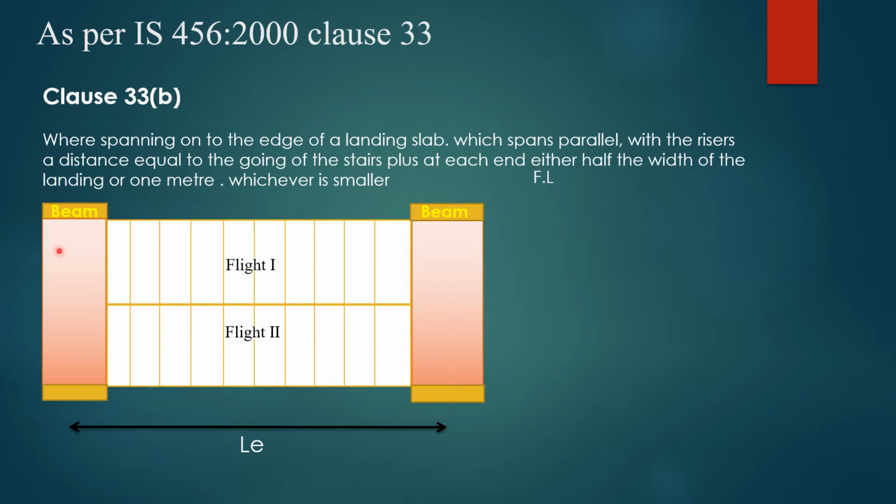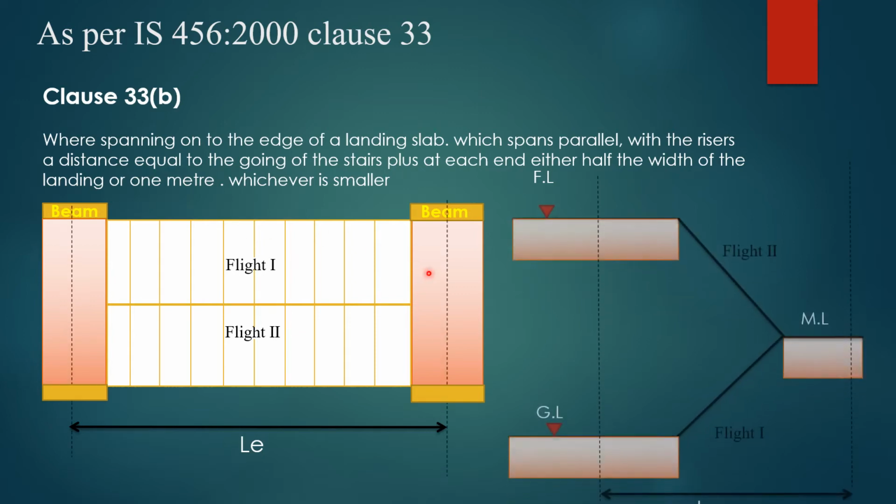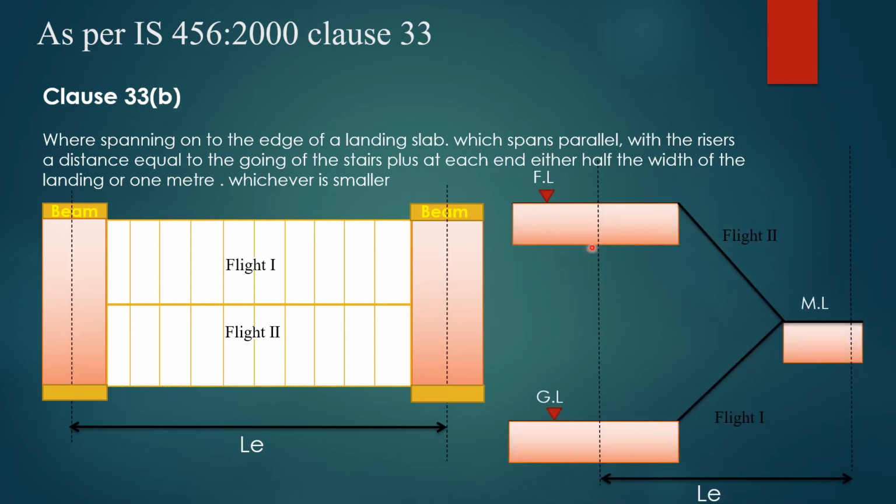This LE means half of the width at this side, half of the width at this side, plus the going of the staircase gives the effective length, or 1 meter, whichever is smaller, we take as the effective length of a staircase. Let us see in the elevation view. This is the landing slab, or we can say this is the beam which is parallel with the riser.